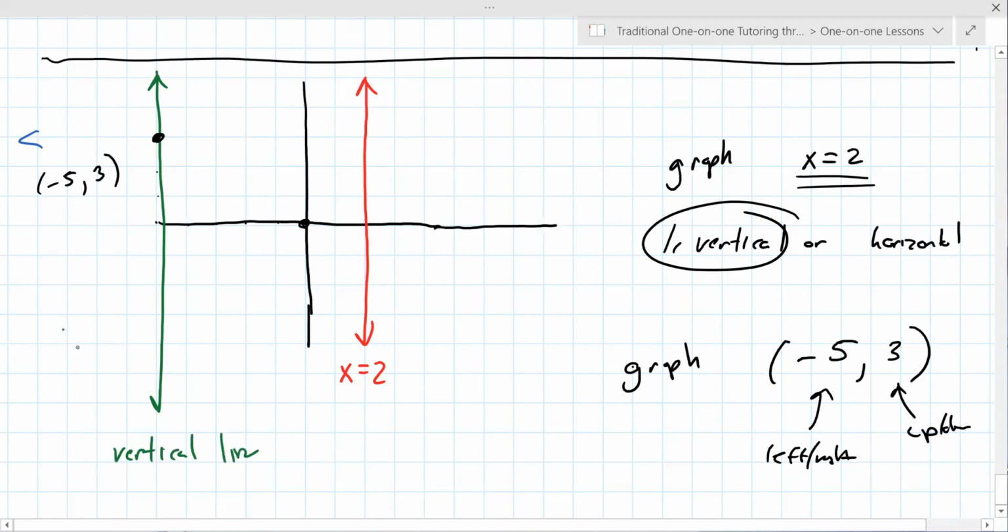What is X always on this line? What is the value that is the same for X on this line? It doesn't matter which of these points you pick. What is the X value there? Give me the X value.